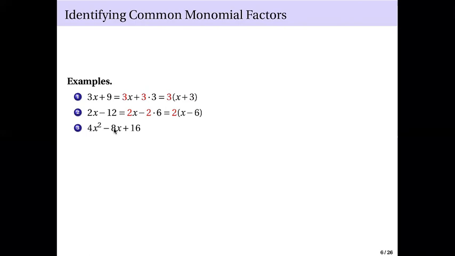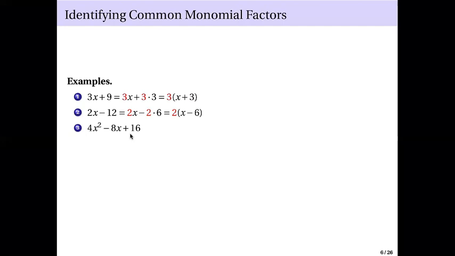Okay? For 16, you can write it as 2 times 2 times 2 times 2. Or you can write it as 4 times 4. You can also write it as 2 times 8. Okay? So there are several ways to write the 16. But what we're going to do is to look for the highest possible common factor.